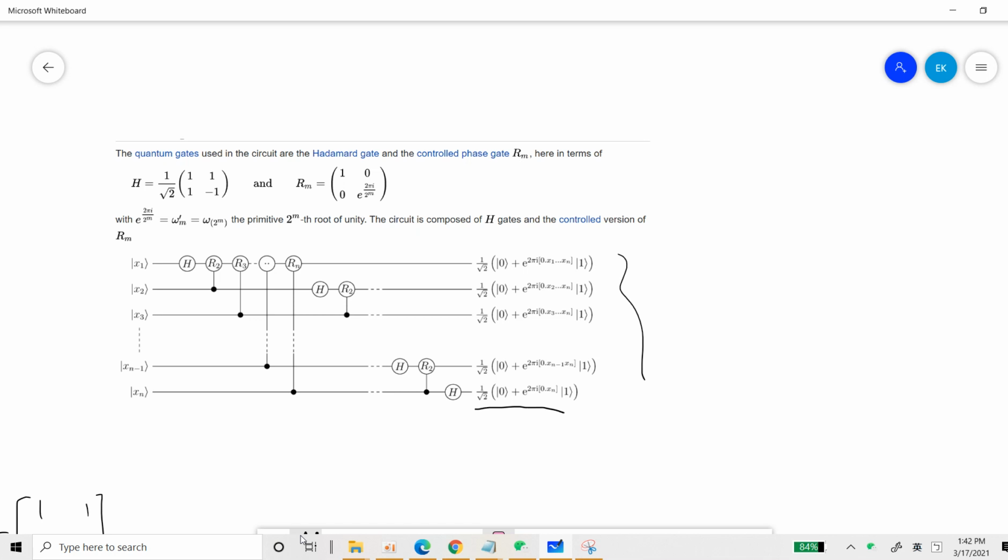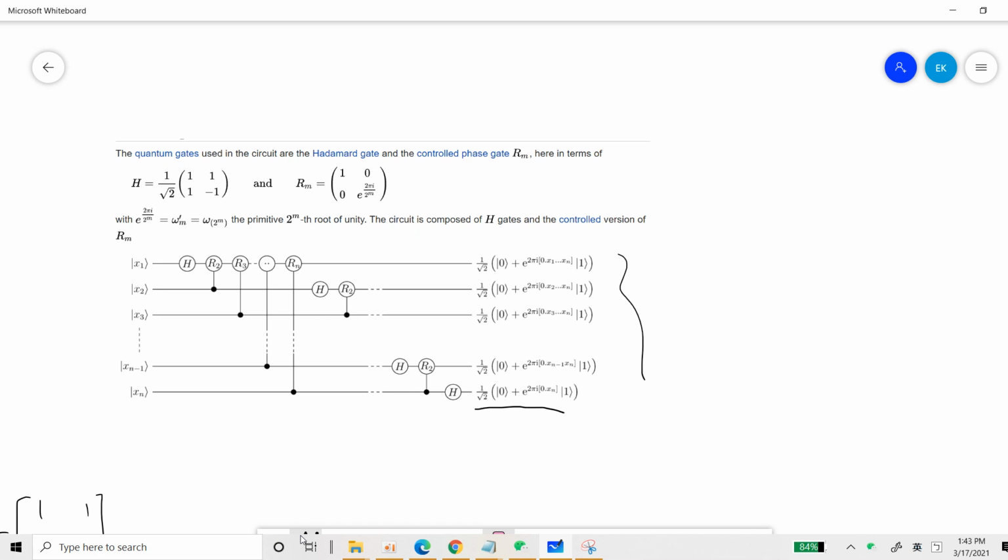Hadamard is defined to be this, and this is R_m. R is the controlled phase, meaning that if somebody gives you 0, you get 1, and if it's 1, you get this phase. So the idea is that we first explain why these circuits will give you the right hand side, and we prove that all of the right hand side combined will give you the quantum Fourier transform.